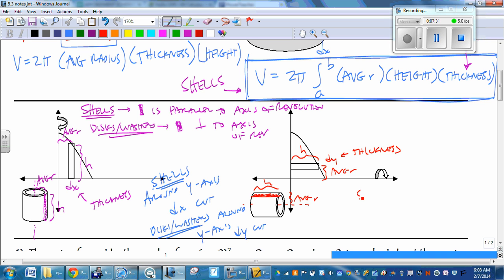So again, for shells, if we go around the x-axis, it's going to be a dy cut. But for discs and washers, it's opposite.